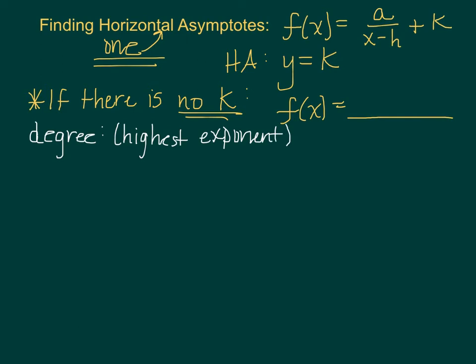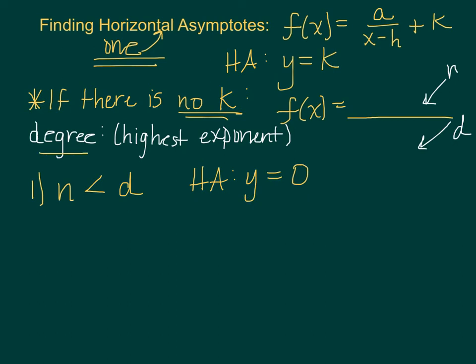You're comparing the degree in the numerator, I'm going to call it n, and the degree in the denominator, d. So, case number one, the degree in the numerator is smaller than the degree in the denominator. Then your horizontal asymptote will be y equals 0.